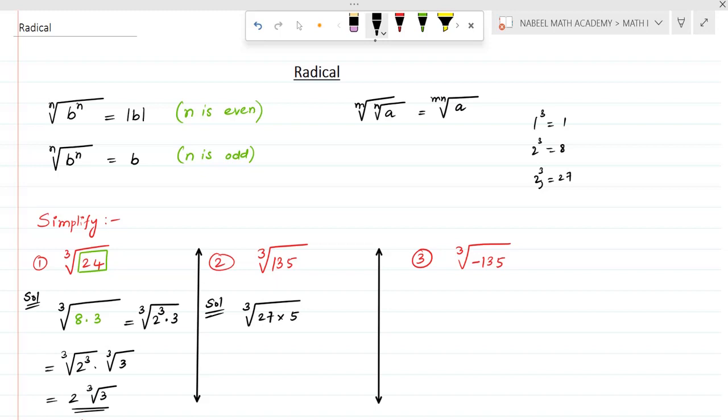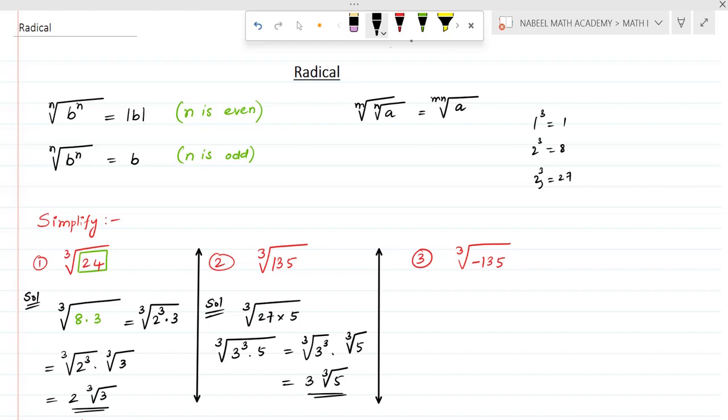So here you will have 3 power 3 into 5. Now if you separate the cube root, it is 3 into the cube root of 5.